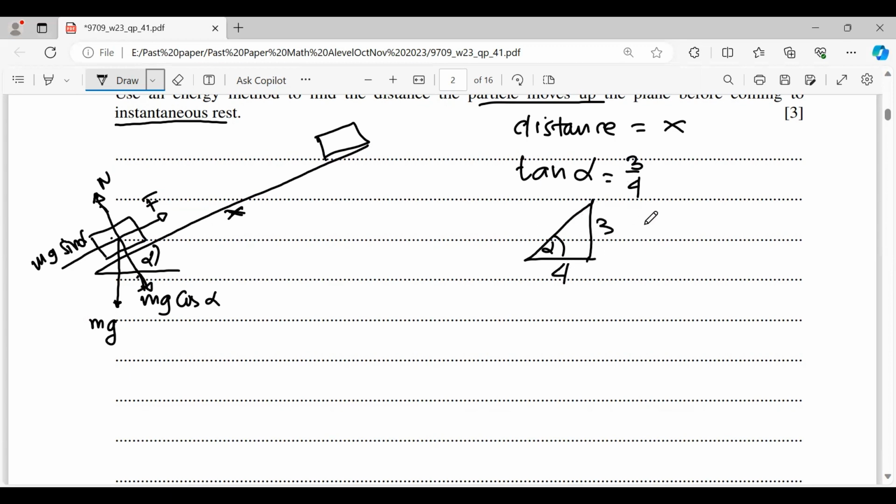So this side is 25, 5, because 9 plus 16. So the slope is 5.